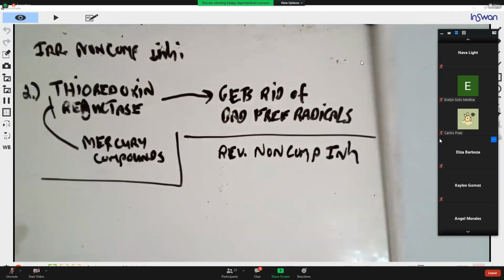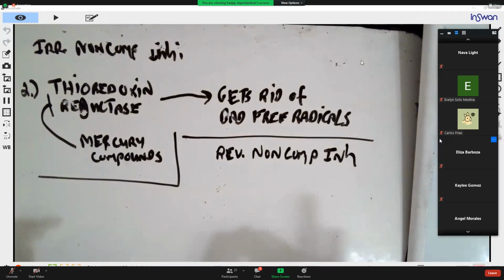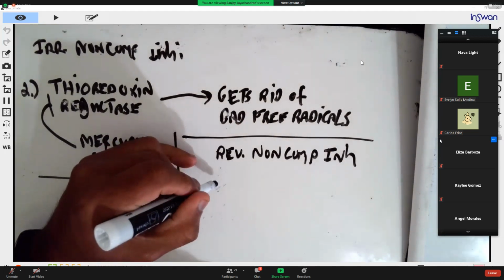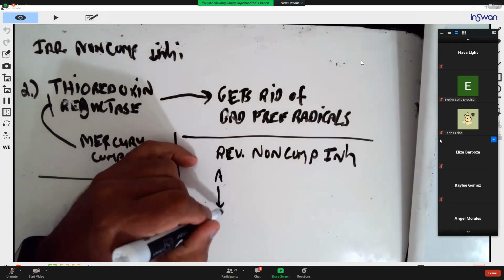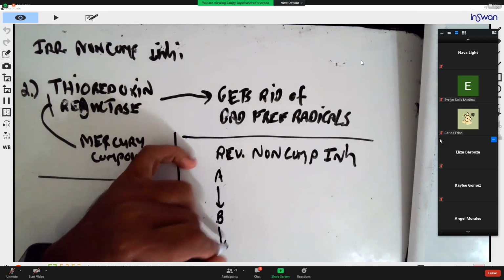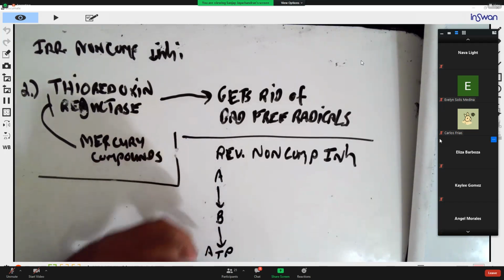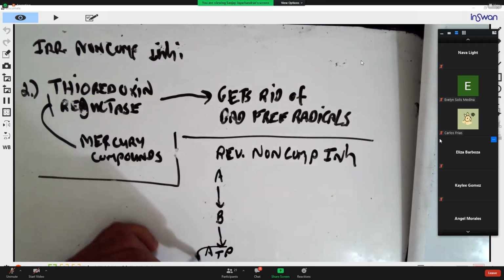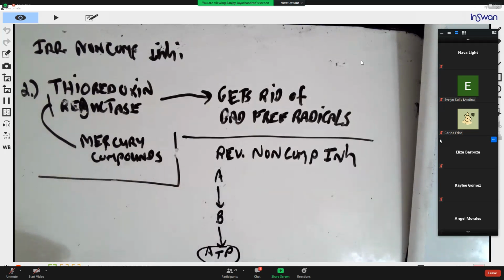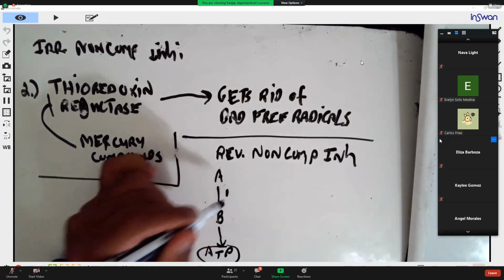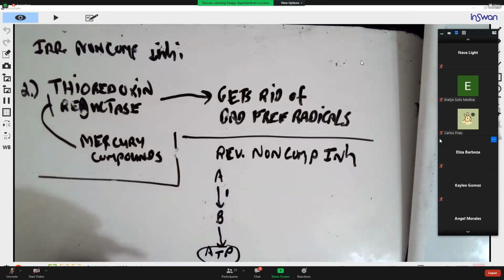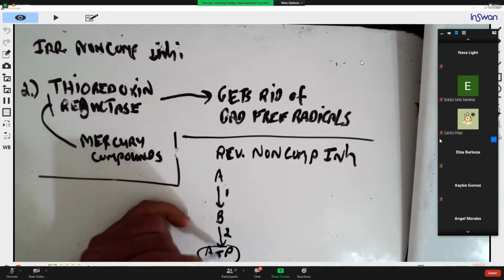So let's say, hypothetically, we have A going to B, going to make ATP. Remember, ATP is the energy molecule of the cell. So enzyme 1 converts A to B. Enzyme 2 converts B to ATP.